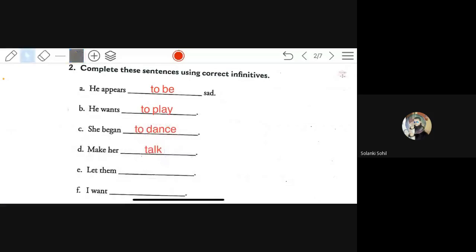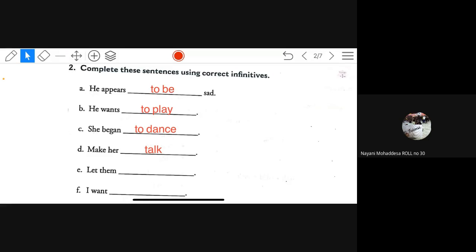Let them dash. Go to their work. Infinitive you have to use. To go. After a pronoun you will not use it. Them is a pronoun. Let them to go. Is it a correct sentence formation?